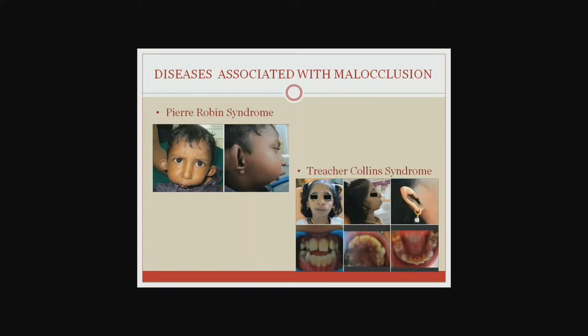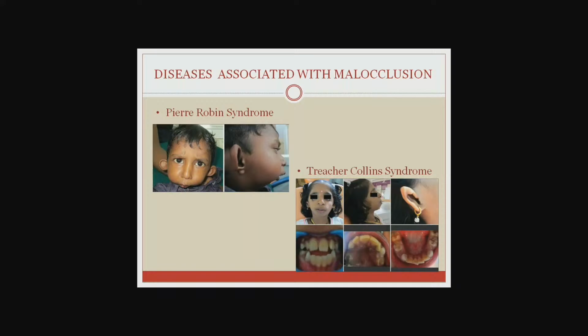The more specific syndromes are associated with malocclusion. We need not go into them in depth as they are very rare, but you should know that when you are dealing with such syndromic cases, you may need the help of a craniofacial growth specialist and orthodontist.